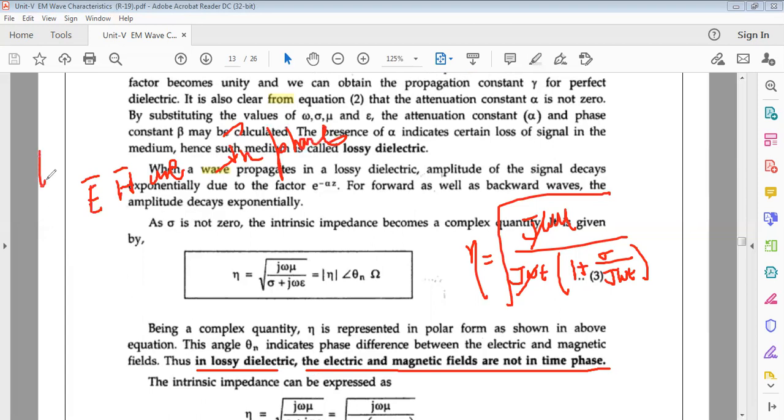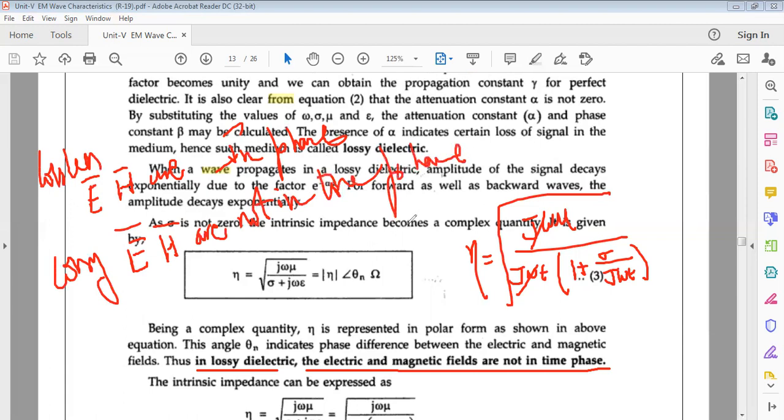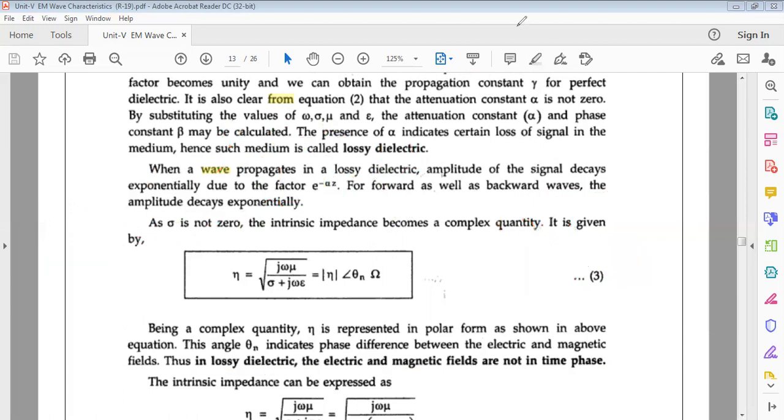But in the lossy dielectric, E bar and H bar are not in time phase. Okay, got it, my friends?